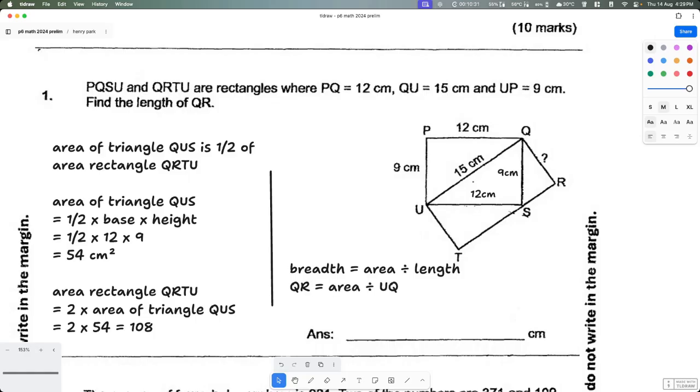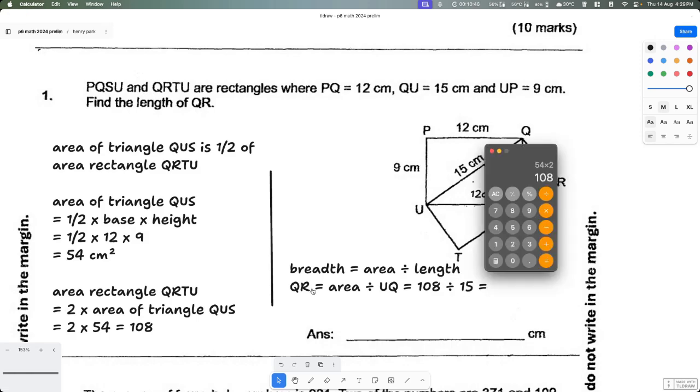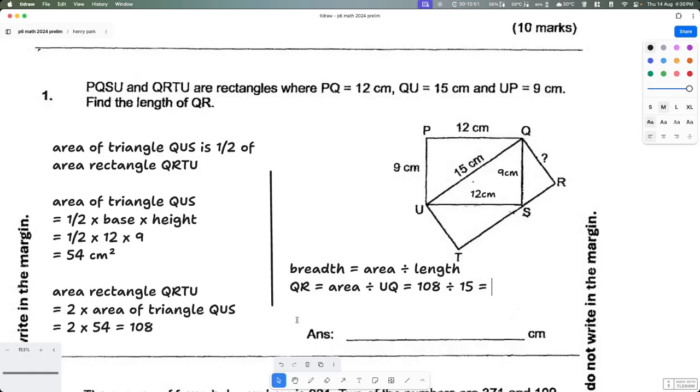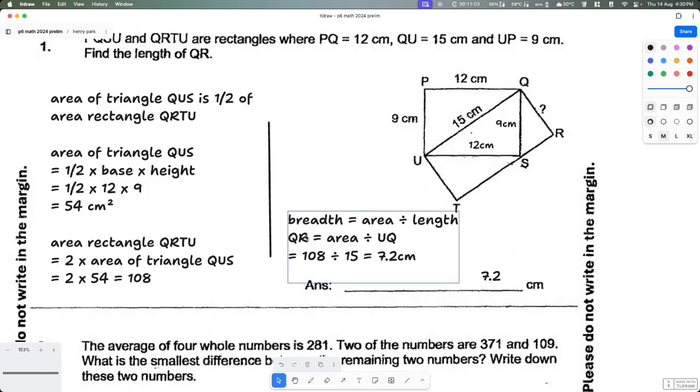The area is basically 108, and then we divide it by the length, which is 15. 108 divided by 15, and the answer is 7.2 centimeters. There you go, so that's about it. Let's move on to the next question.